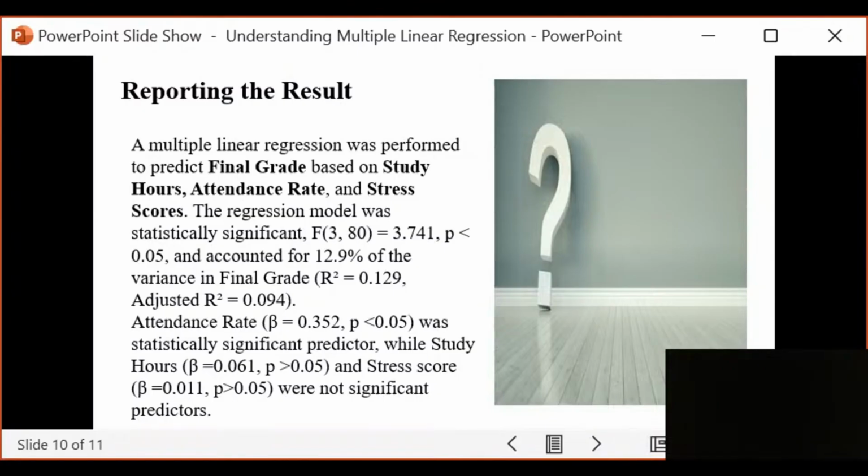Teachers and administrators may implement attendance monitoring and incentive programs to enhance engagement and learning outcomes. Additionally, although study hours and stress levels did not emerge as significant predictors in this case, they remain important areas for student support and further investigation in diverse learning contexts.